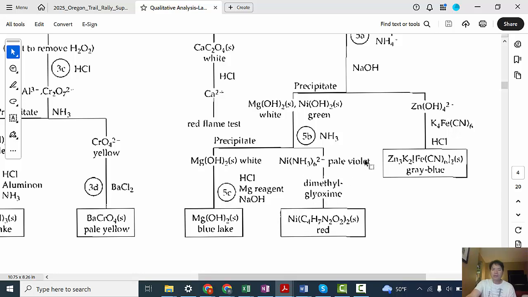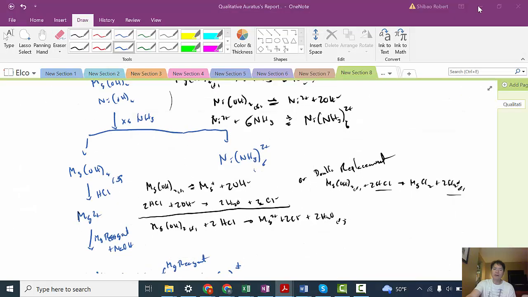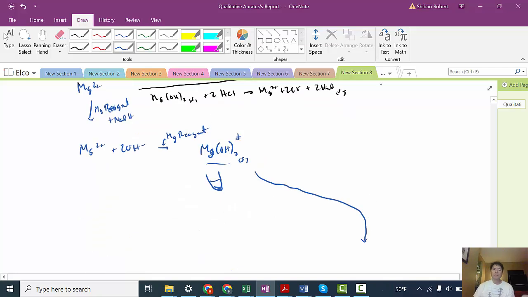Since sometimes we use abbreviations for this, I'm going to use an abbreviation for the formula. I wouldn't use an abbreviation for the name, however. And so normally these complexes are quite stable. However, it turns out this DMG precipitate is going to be more stable.